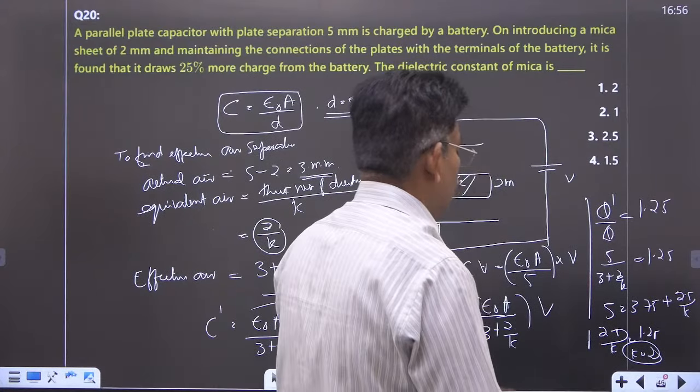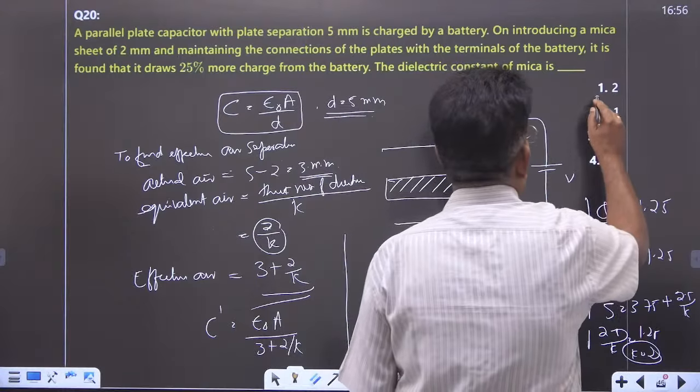K will be getting 2. Is the answer there? Yes, very much. First answer is 2.